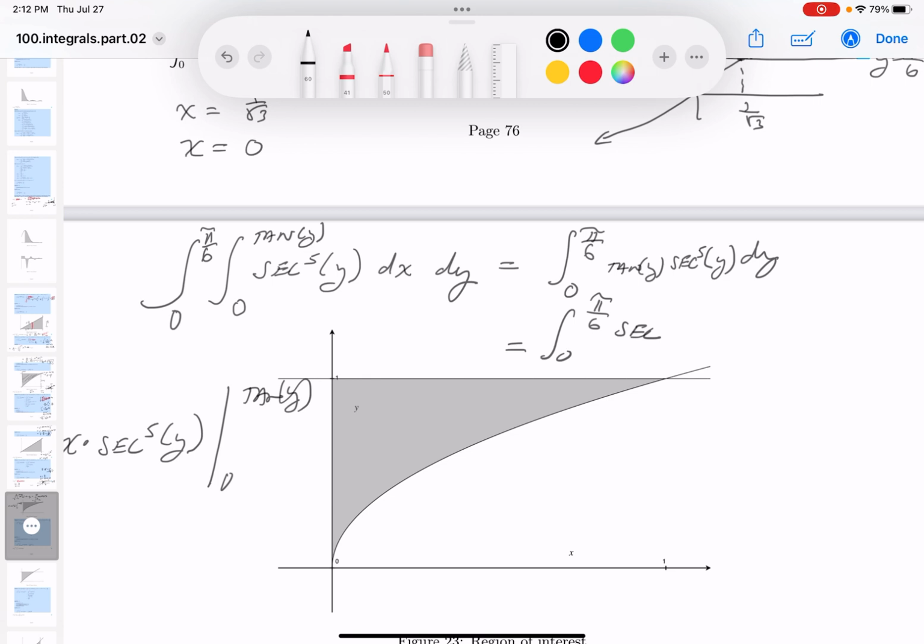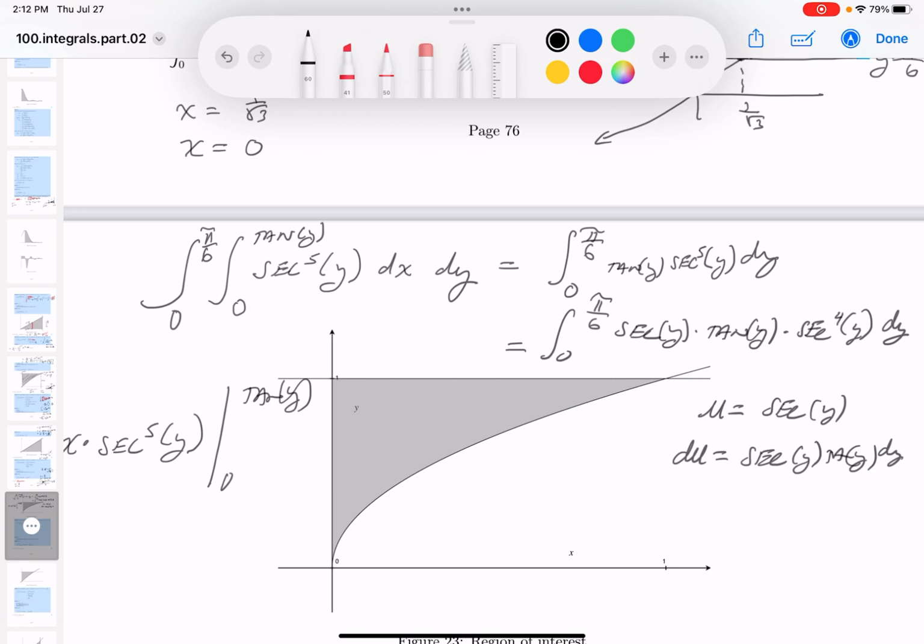Secant y tan y times secant to the 4th power of y dy. So I'm going to make a u substitution here. u equals secant of y. du would be secant y tan y dy.